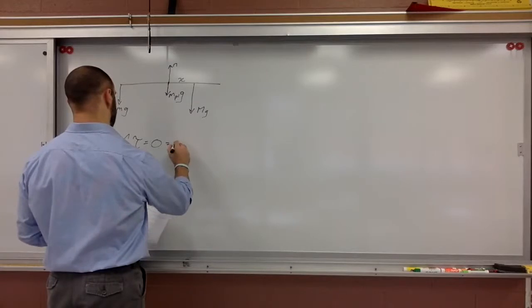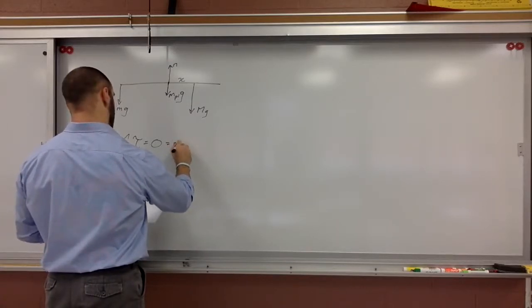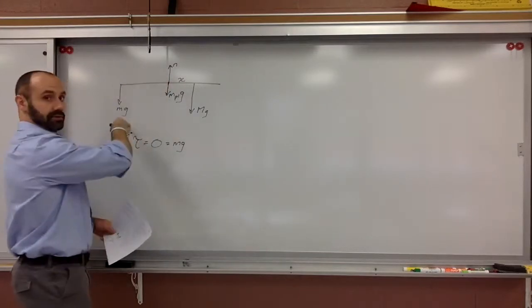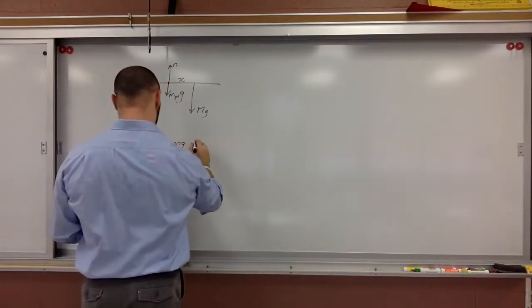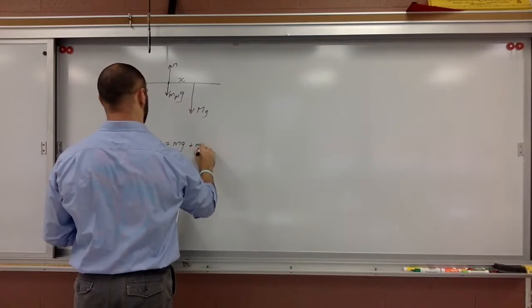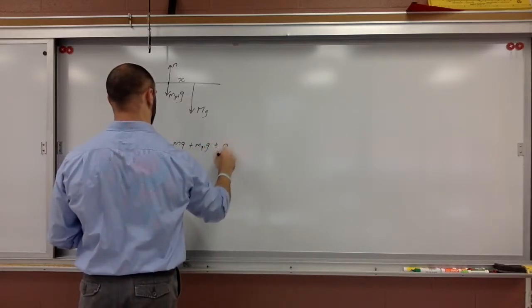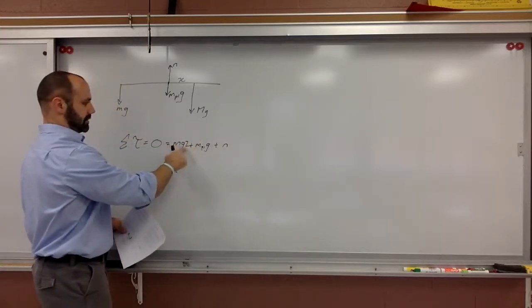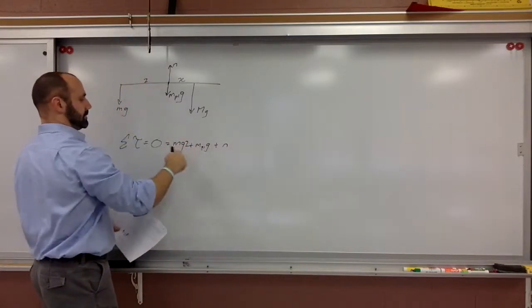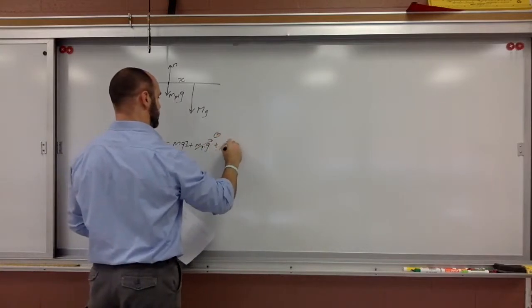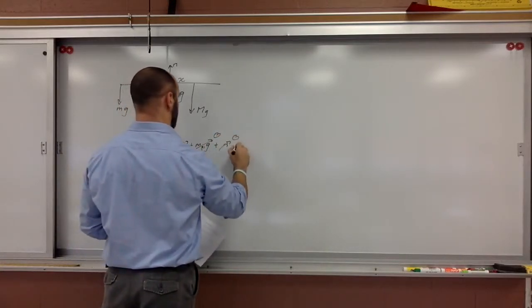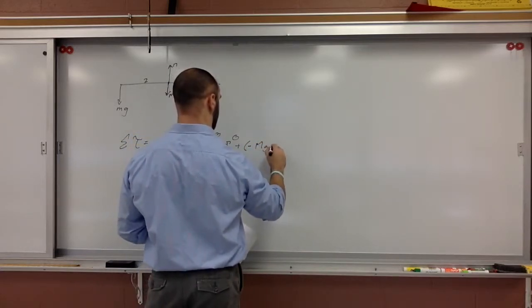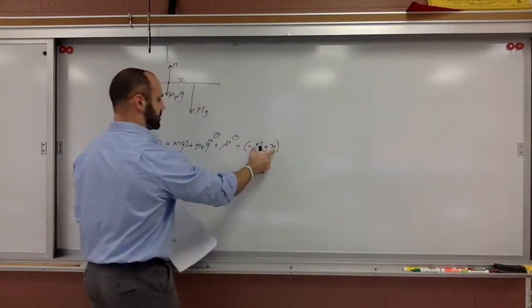So that means mg, and this is pulling this way, right? This is positive rotation, so that's positive. Plus the mass of the plank times g, plus the normal force. This should be times 2: mg times 2, because this is 2 meters. This is 0 torque. And then minus big M times g times x.